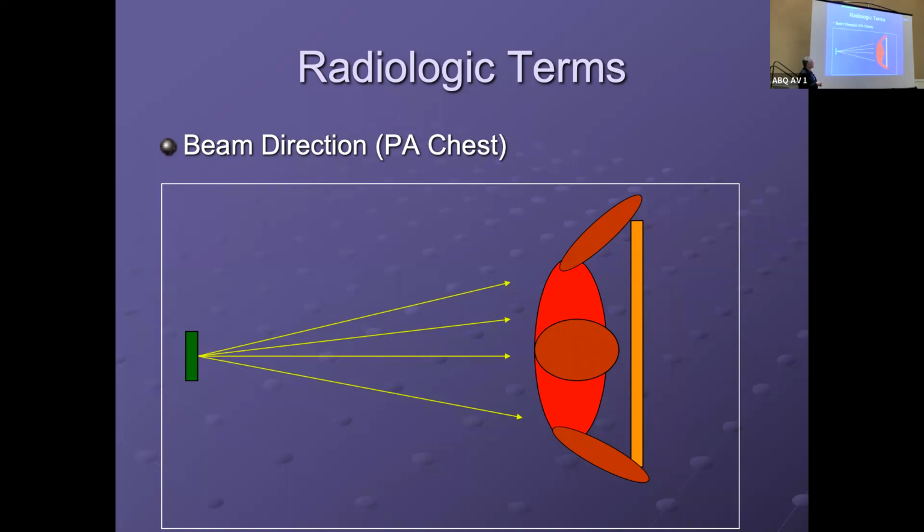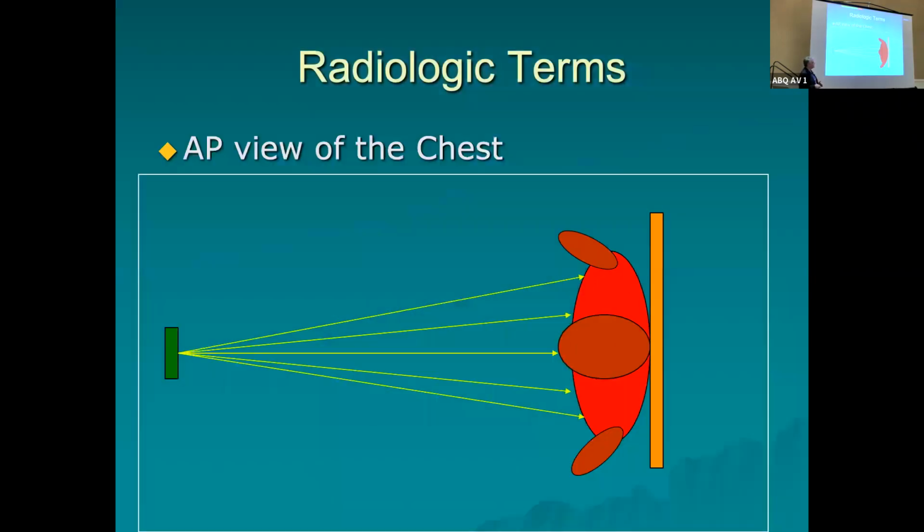So that's what a PA view is compared to an AP view of the chest, where you've got the film right here, and then you've got the heart that's more farther out. So now the X-ray beams come in and shine on the film back here, but it's having to go through a heart that's more in front.